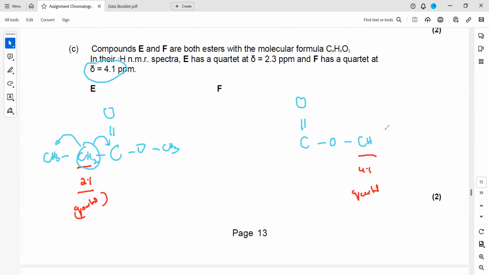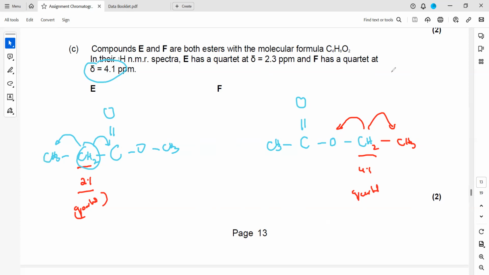If this is giving a quartet, the neighbor should have 3 hydrogen. This is having 0 hydrogen, so the other side of this one should have 3 hydrogen. And this cannot be CH, it should be CH2 because carbon can form a maximum of 4 bonds. Then this side will be CH3. So this is the second proposed structure, the structure of F. And the two esters are different from each other. How do we identify they're different?